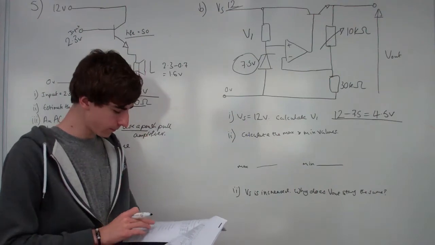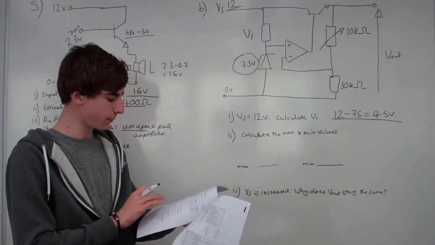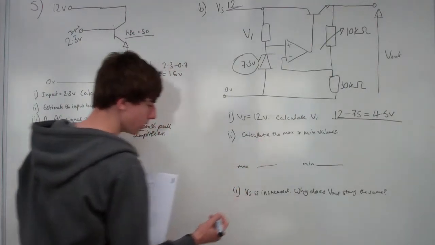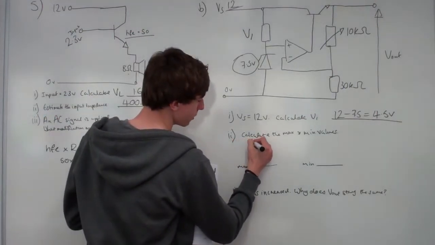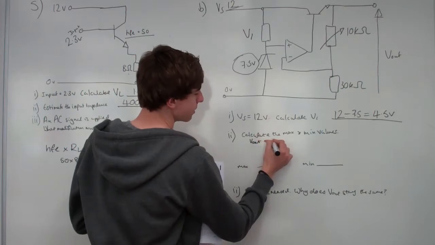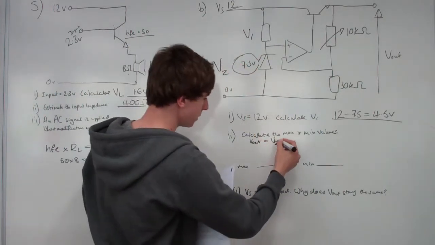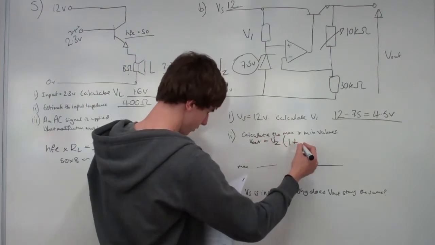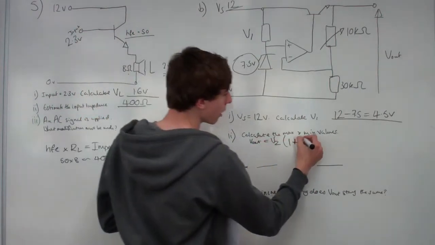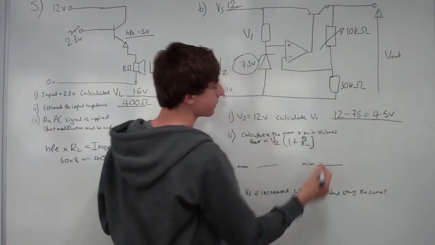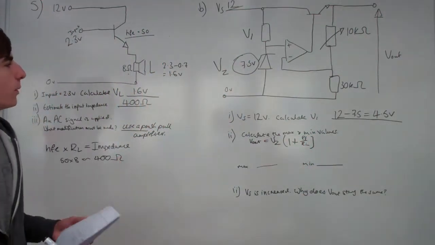And one of them is that for a stabilised power supply, Vout, right here, Vout is VZ, that's this, VZ across the Zener, times by 1 plus RF over Rin.